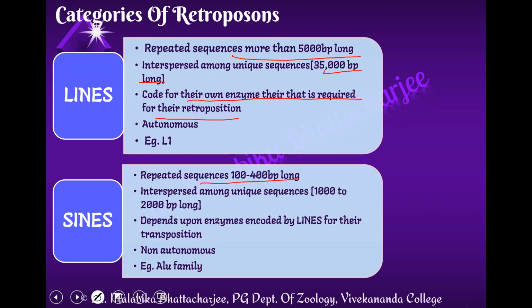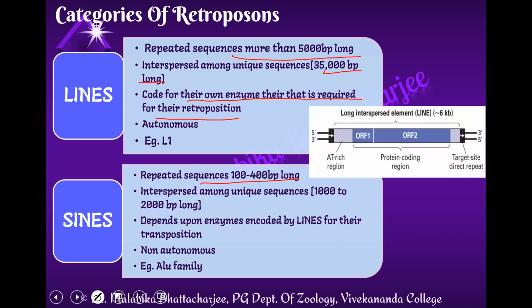So those elements which can produce their own transposase gene are known as autonomous elements. They're self-sufficient. But those mobile elements that do not have a transposase gene need a transposase enzyme for their movement. In those cases, they are known as non-autonomous elements. I'll show you a picture.